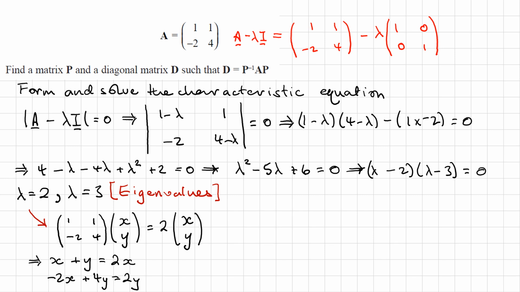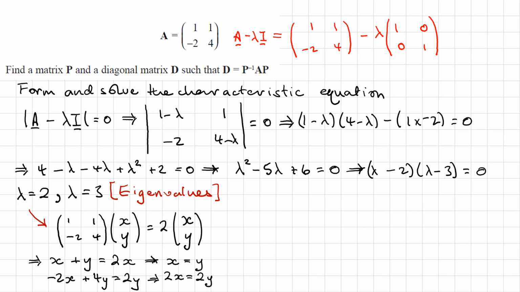So the top equation is just going to give me that x is equal to y if I subtract y from both sides. And from the bottom equation, if I move the 2x across to make it positive 2x, and then take away 2y from both sides, I basically end up with an equivalent equation there. So I end up with 2x is equal to 2y, or minus 2x is equal to minus 2y.